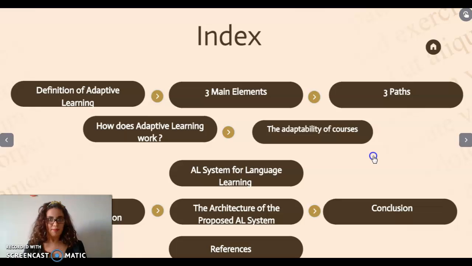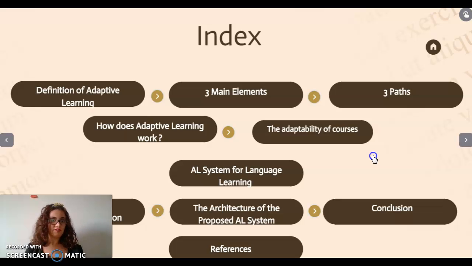We will speak together about what adaptive learning is, what the three main elements are, what the three paths are, and how adaptive learning works. Where is the adaptability of course?